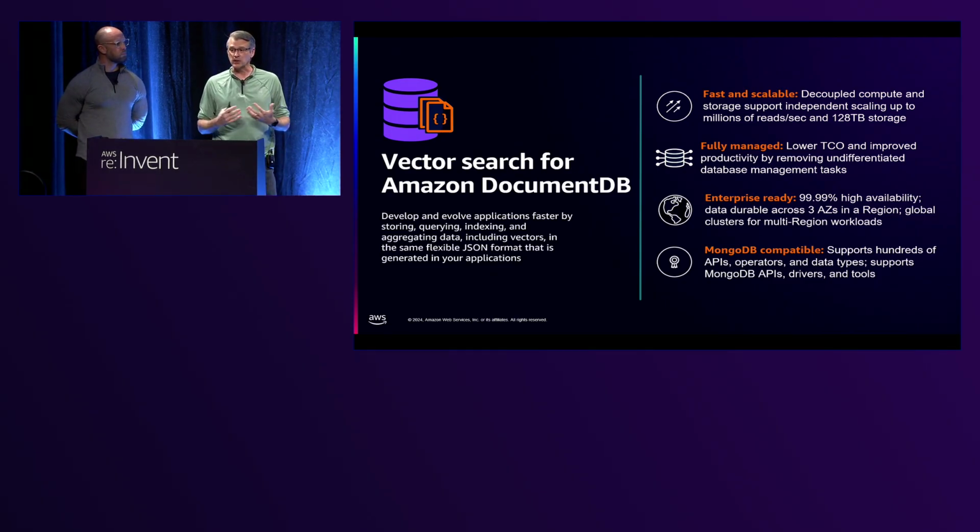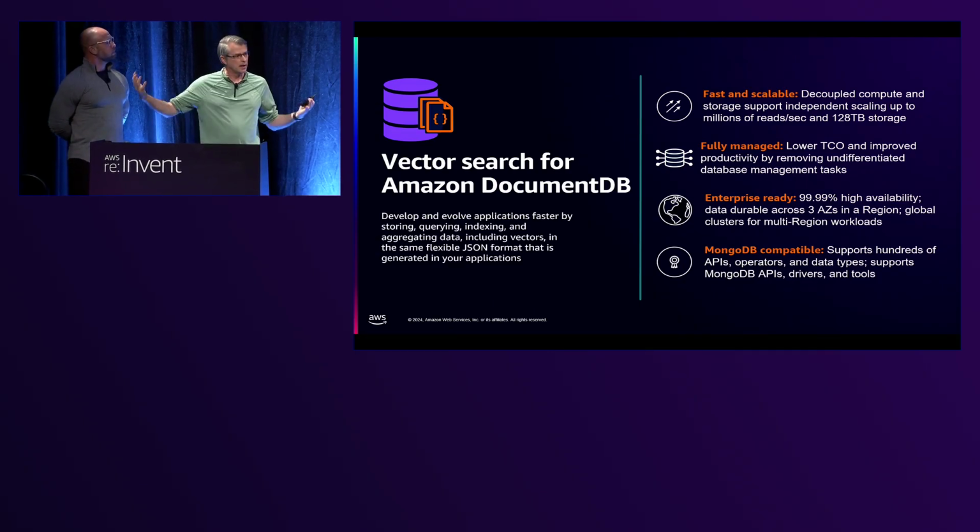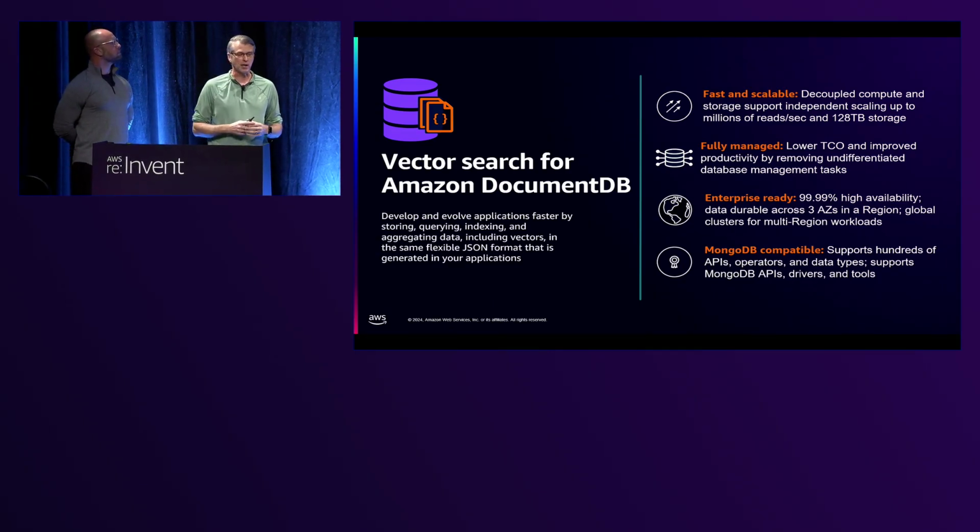It's a cloud-native architecture that separates the compute from the storage so they can scale independently. Your storage can scale all the way up to 128 terabytes automatically with no interaction on your part. As you add more and more data, you have more and more vectors, the storage is just going to grow to accommodate that.